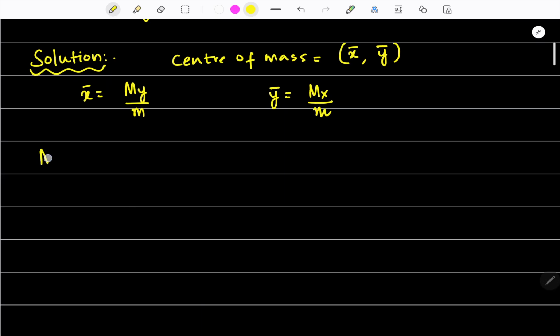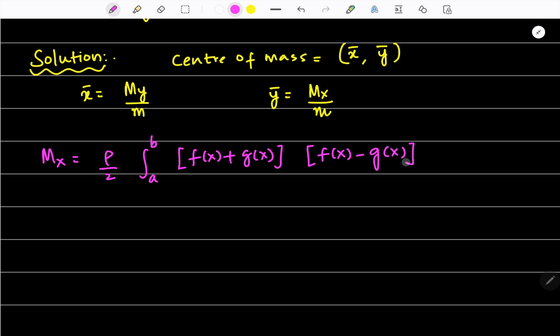Let's start with Mx, the rule. Mx is equal to rho by 2 integral a to b, f of x plus g of x, and f of x minus g of x.